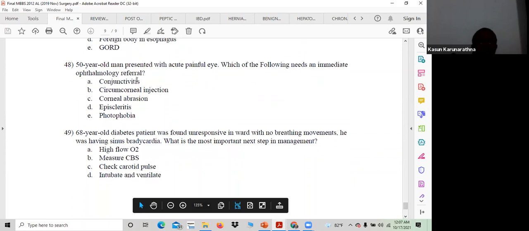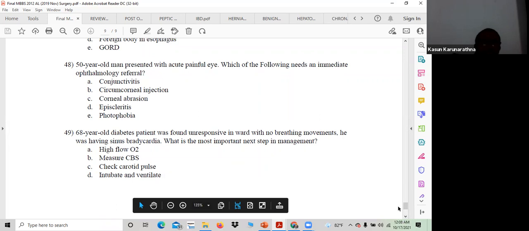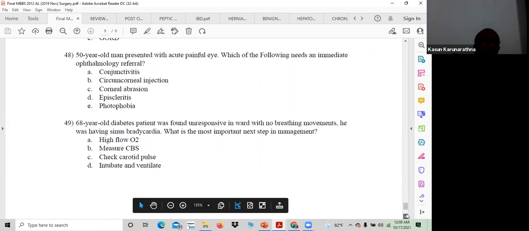Others are conjunctivitis, abrasion, scleritis, photophobia. Those are not sight-threatening conditions for eyesight, right? Here this is due to angle closure glaucoma. It's an ophthalmology emergency. There would be a presentation of glaucoma, right?